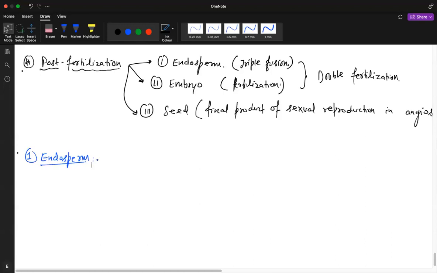But what is an endosperm? It is what contains nutrition, right? So there is an obvious logic that, see, if endosperm is present to provide nutrition to the developing embryo, right? So which will develop first, the embryo or the endosperm?